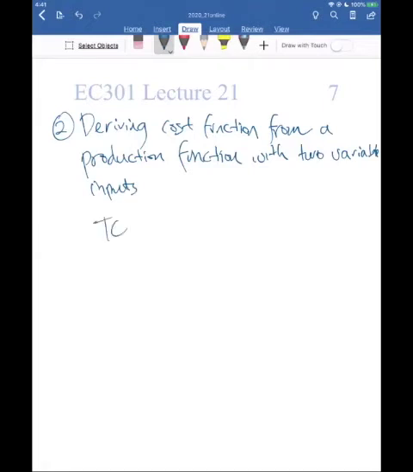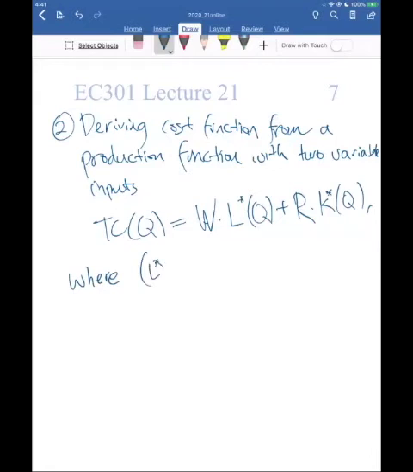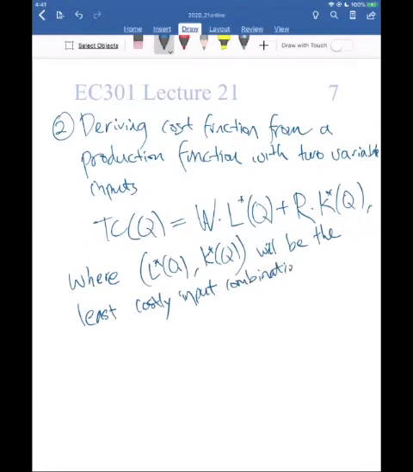Total cost of producing Q units then will be W times L, but now this L depends on Q, plus R times K, where K also depends on Q. And this L star of Q, K star of Q will be the least costly input combination to produce Q units of output.